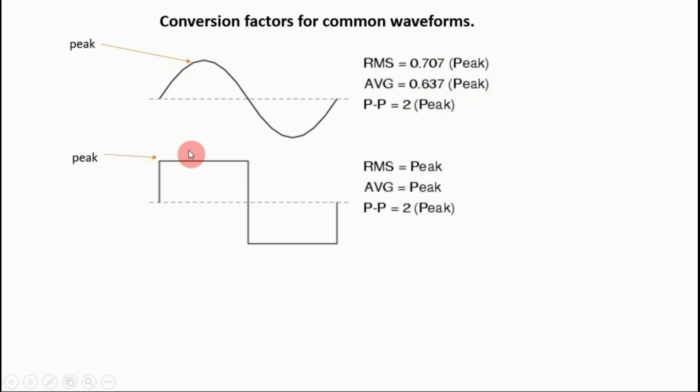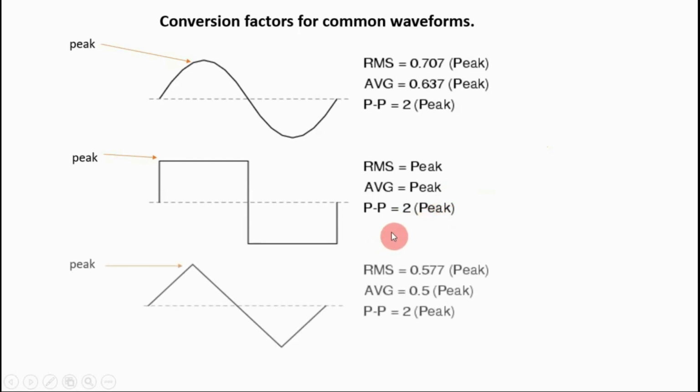For the square waveform, the RMS is always equal to the peak, the average value is always equal to the peak, and the peak to peak is twice the peak. For the triangular waveform, the RMS is 0.577 peak, the average is 0.5 peak, and the peak to peak is twice the peak.